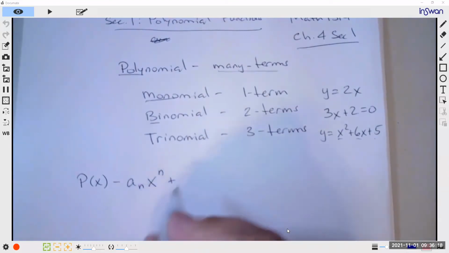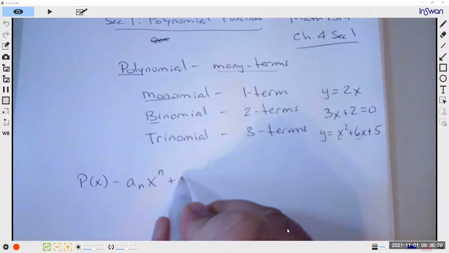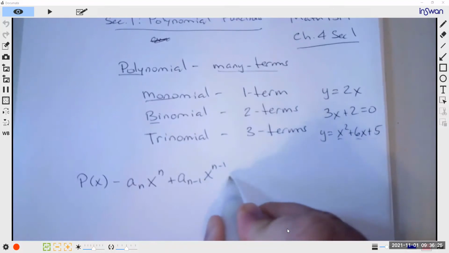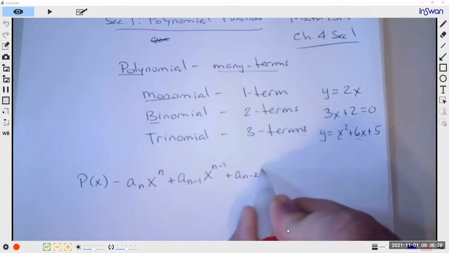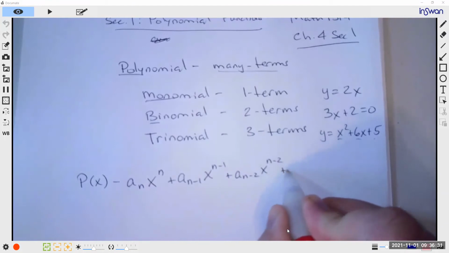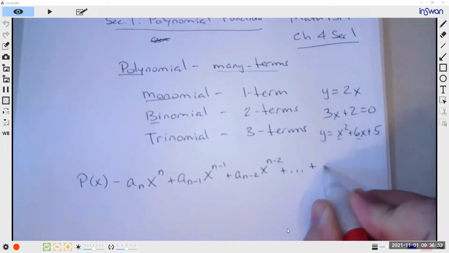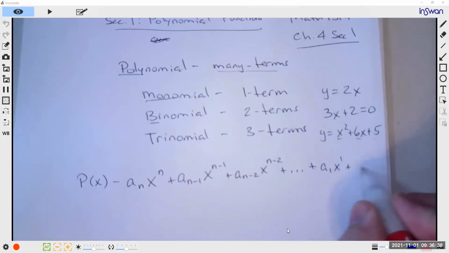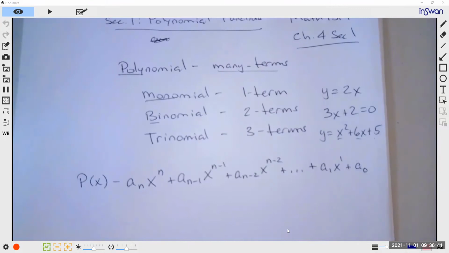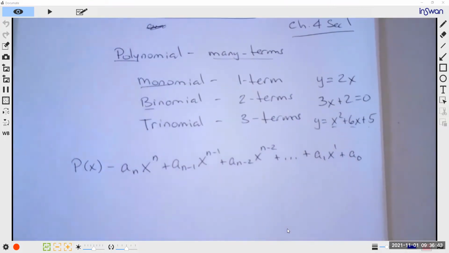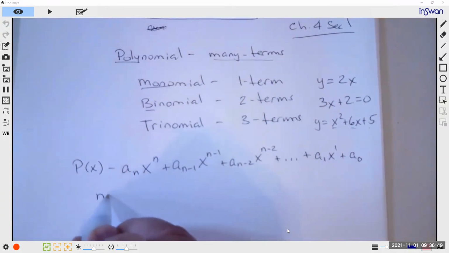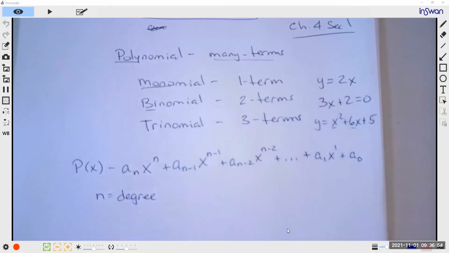Where the a's are the coefficients and n is the degree, the exponent. And then a sub 1 x plus a sub 0. So it could be as long as you like. Again, n is the degree of the polynomial.